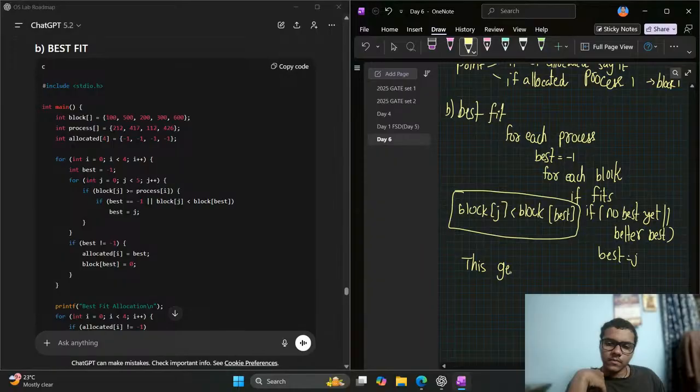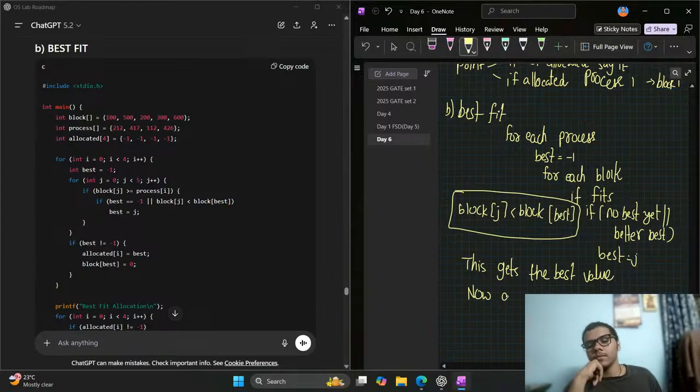This gets the best value. Now actually allocate it.